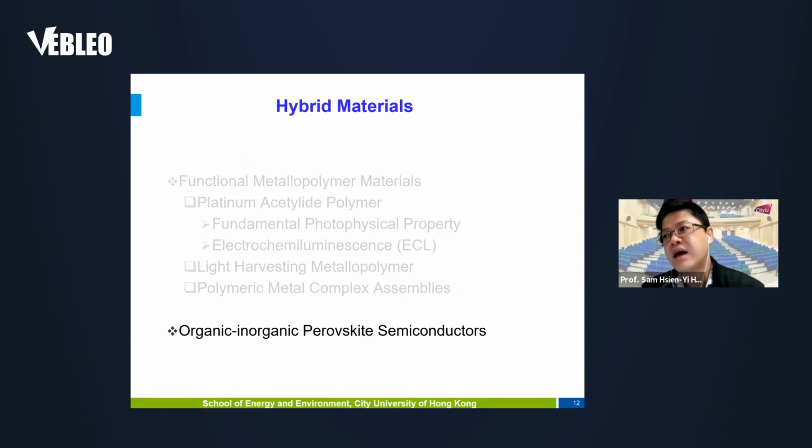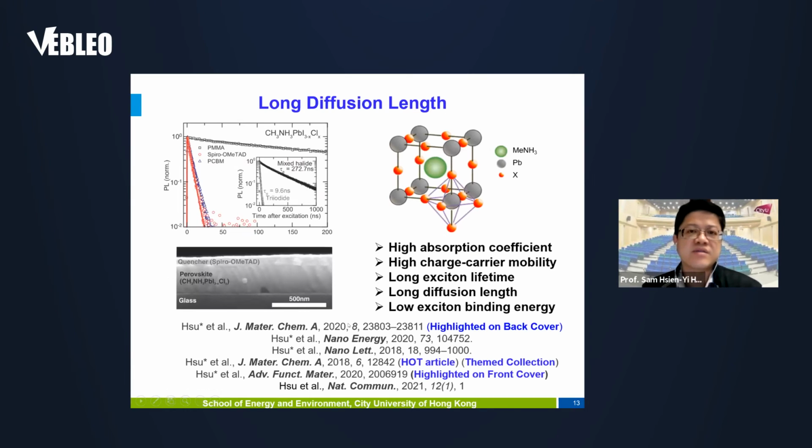And now I would like to show you another material we call the inorganic perovskite semiconductors. Why are we interested in hybrid perovskite? Because this perovskite shows a very long diffusion length, in addition to high absorption coefficient, high charge carrier mobility, long exciton lifetime, and a low exciton binding energy.